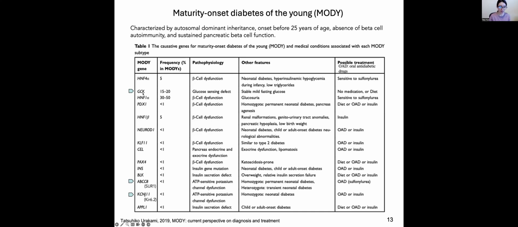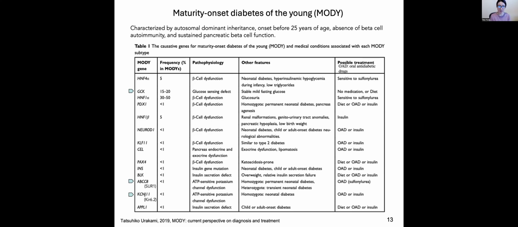Here is GCK. GCK stands for glucokinase, and glucokinase is the protein that, once glucose enters the pancreatic beta cell through the GLUT2 transporter, puts a phosphate on that glucose. Therefore, the glucose cannot leave the beta cell.